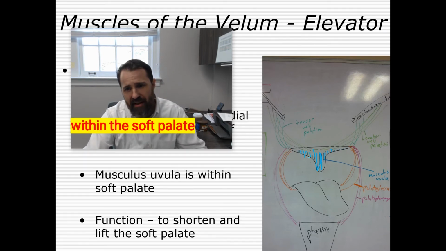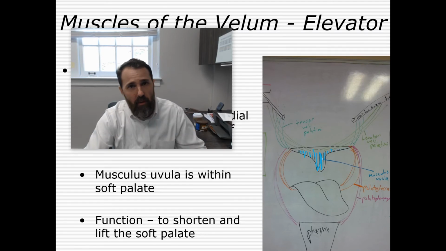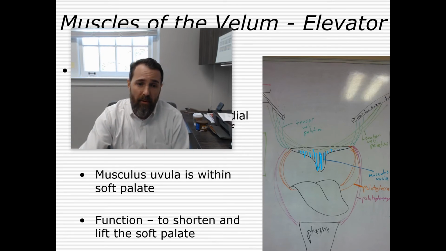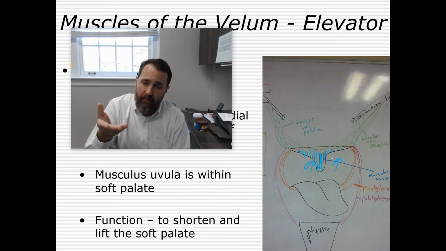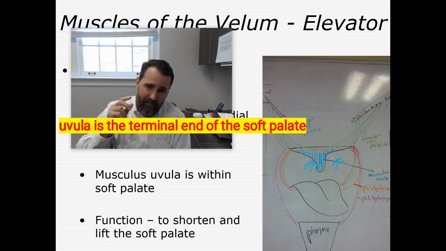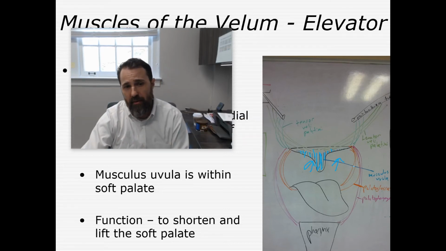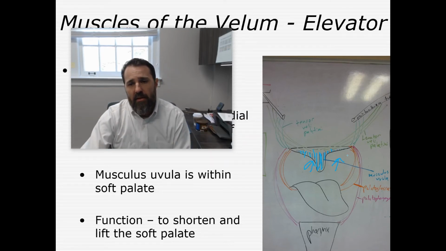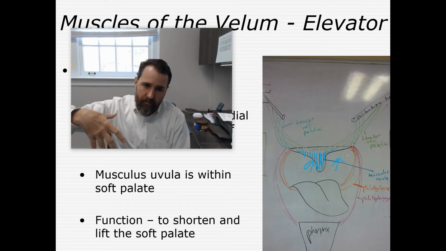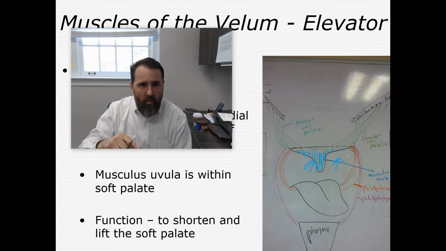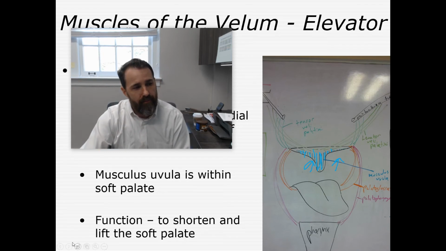And you can see that if this muscle shortens those blue lines that I've illustrated, it is going to pull up on the uvula. And that uvula is that little piece of tissue that dangles in the back of your throat. So the Musculus Uvulae shortens the soft palate, raises the uvula.